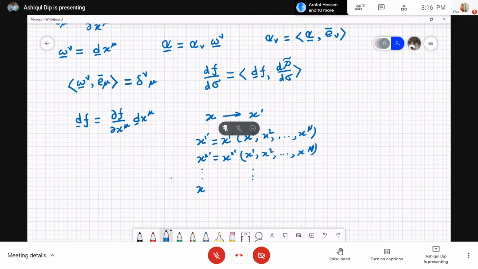The final relation would be like this: xn prime is a function of x1, x2, up to xn. Is that clear to everyone? Yeah. So this whole n number of equations are packed into this one.